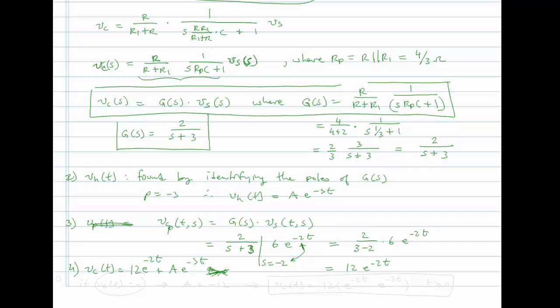So let's assume that Vc of 0 is equal to 0. If we started this off with the capacitor at time 0 being discharged, then we would find that A is equal to -12. And therefore, Vc would be equal to 12 times (e to the -2t minus e to the -3t).